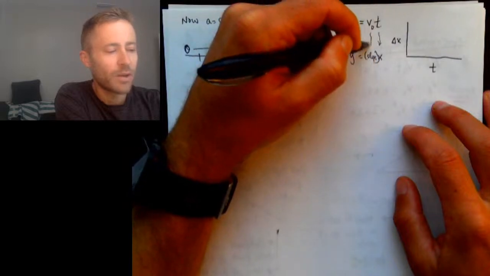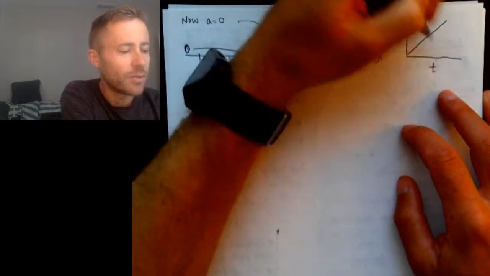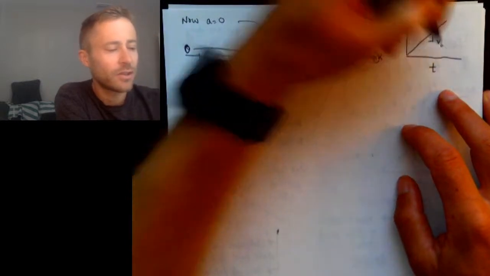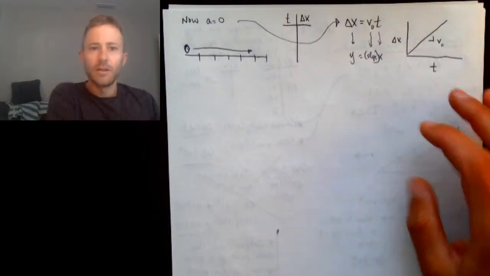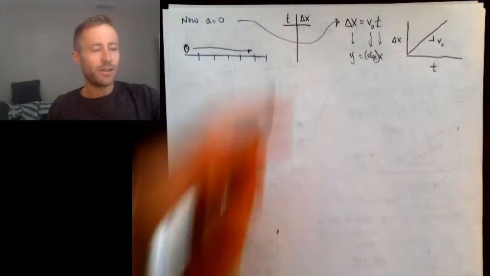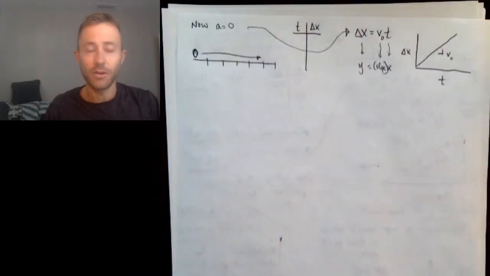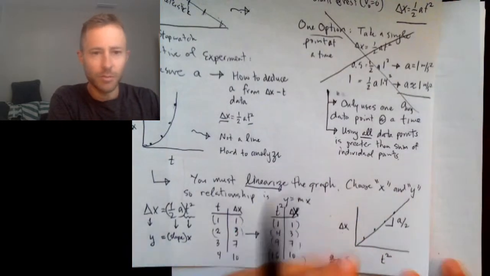So this is already the equation of a line, and the slope is the velocity of the ball. If the data is already a straight line, then we don't need to change variables to linearize it.